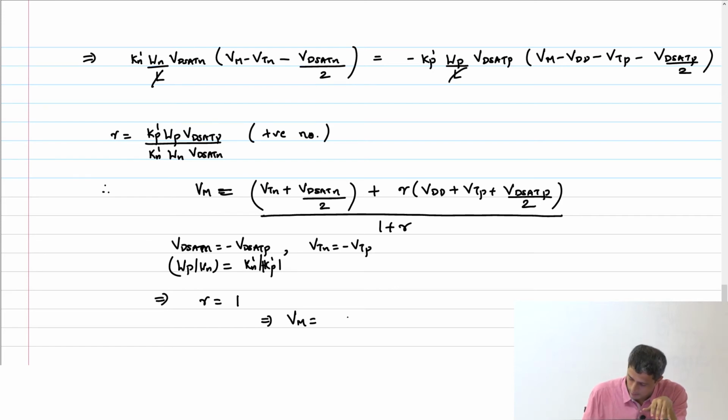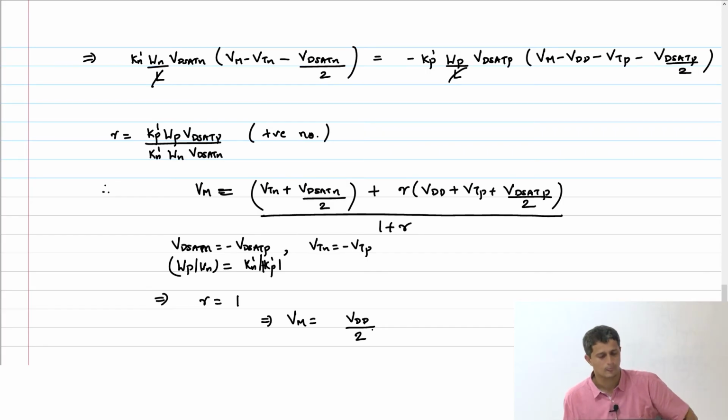This implies Vm will simply be VDD by 2. Kn prime by Kp prime, mu n Cox ratio, is usually approximately 2. So if Wp by Wn is 2, then Vm would land up at VDD by 2 approximately. But even otherwise, this would be somewhere around that VDD mark.